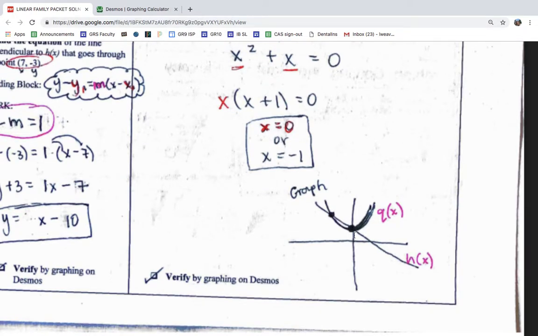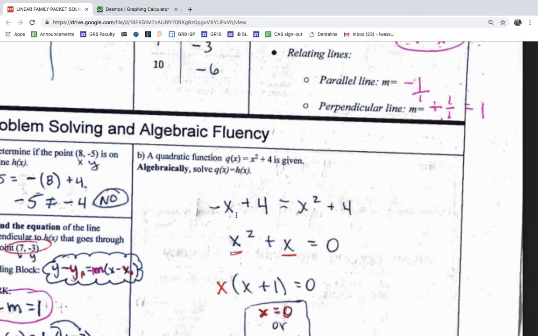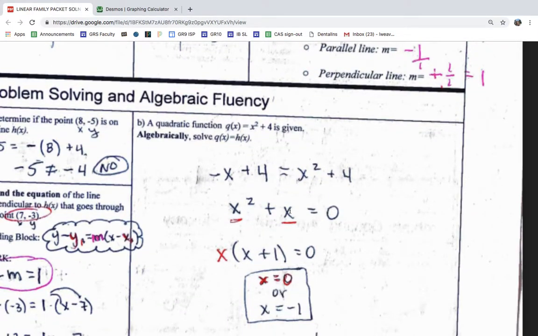So I did the verification first. Since it's quadratic, and we have an x term here and an x term here, we can't do PEMDAS backwards. We're going to set this whole equation equal to 0. I like to keep the quadratic term positive, so I'm going to move this to the right-hand side and this to the right-hand side. x squared plus x, and then subtract 4, and those cancel, equals 0.